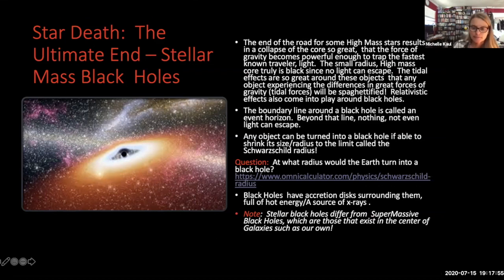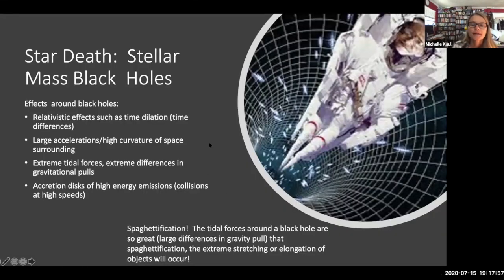And just one last bit here. Some effects around black holes, relativistic effects. I have some information on time dilation. There's something called the twin paradox you could look at that refers to time dilation, which comes out of relativity theory, special relativity.